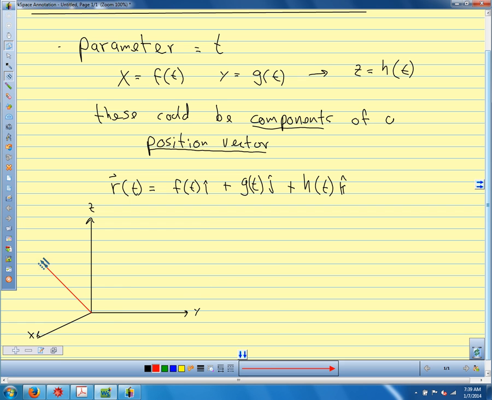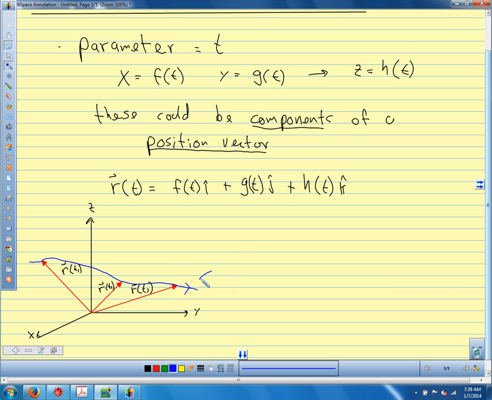So if we have these vectors, I'll call this r of t1, r of t2, and r of t3. And we get this curve as t varies, connecting the tips of those position vectors.